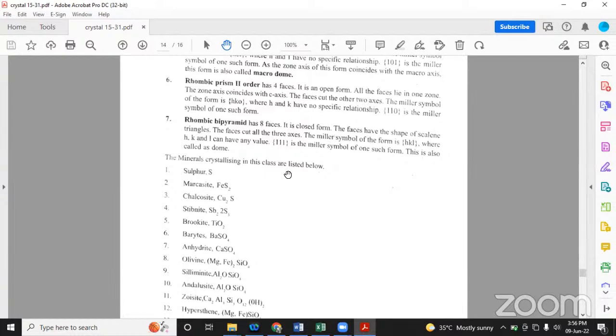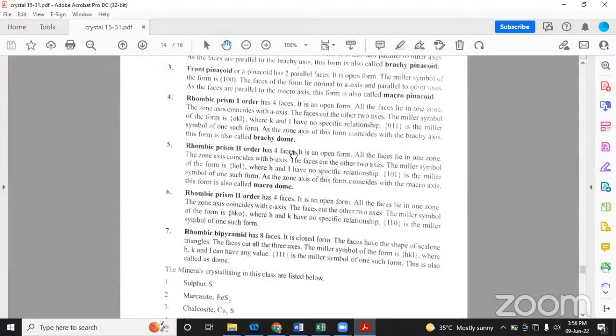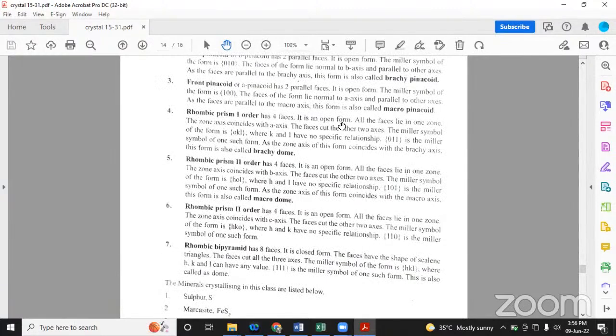You can call it a brachypinacoid or macropinacoid. You can see the macropinacoid and brachypinacoid are there, right? These prisms occur in these classes. Macrodome, brachydome, and pyramids are represented by half the number of faces of the corresponding forms of the normal classes.